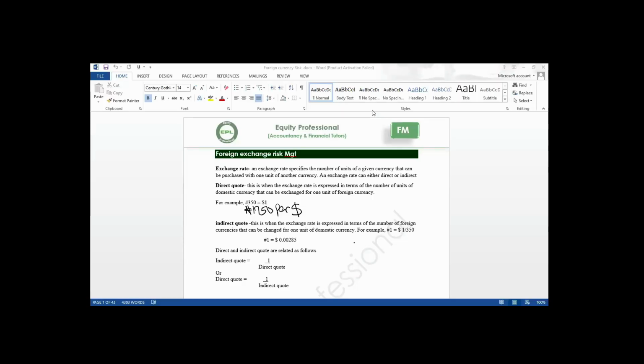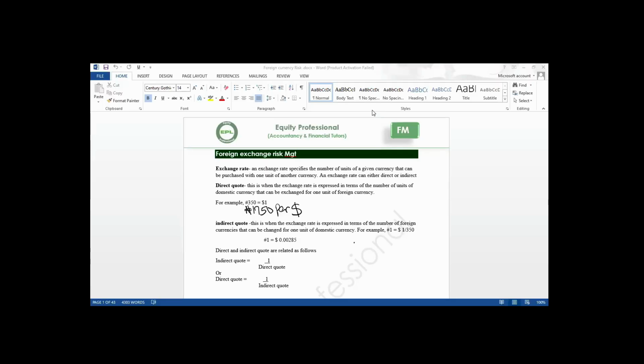I'll take that again. The number of units of one country's currency that can exchange for 1 unit of another country's currency.